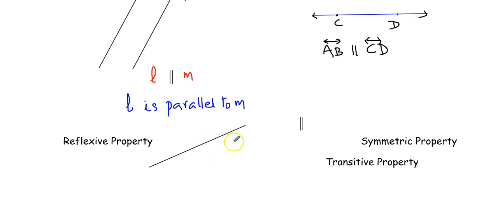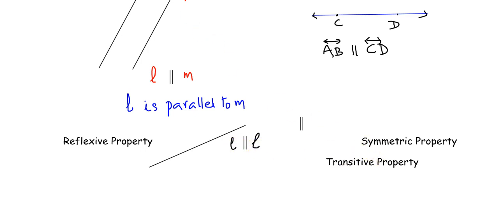I can say that the line L is parallel to L, because they do not intersect. In fact, they are overlapping, so the property is satisfied. L is parallel to L. That is the reflexive property.